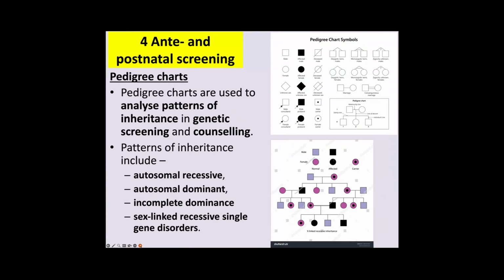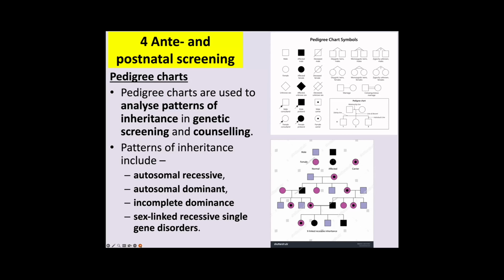Now, the last bit of topic 4 talks about pedigree charts. Now, you have already done a little bit about pedigree charts in National 5 biology. And what we have to be able to do at Higher is identify and analyze different patterns of inheritance within these pedigree charts.